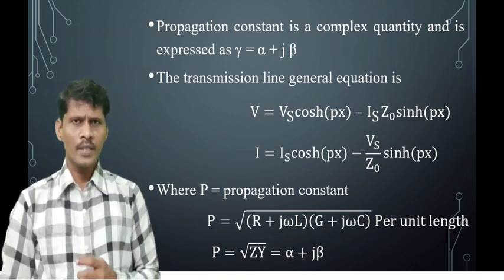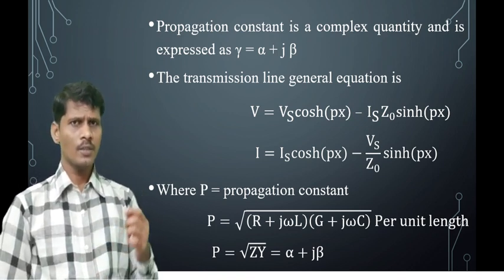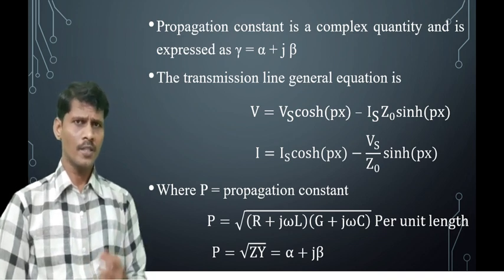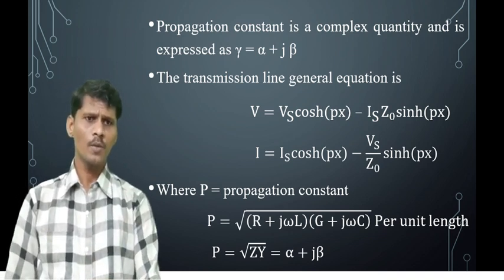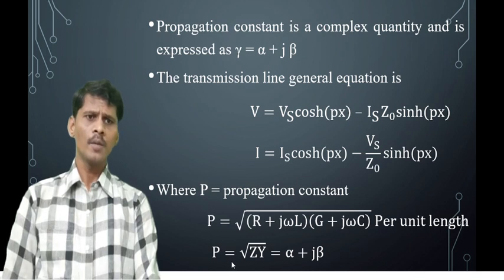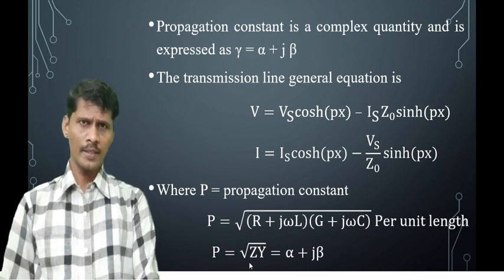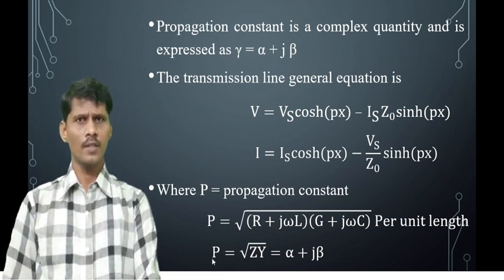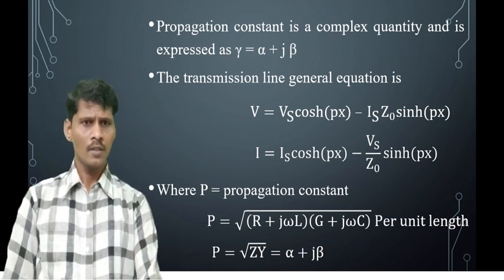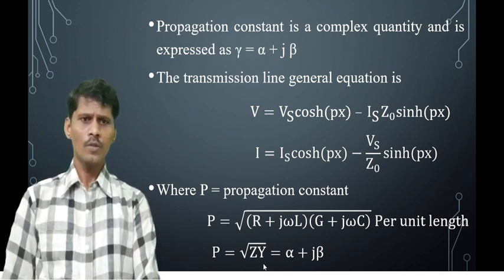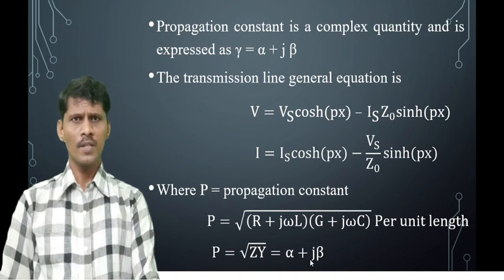R plus j omega L is the series impedance Z and G plus j omega C is the shunt admittance Y. So the above equation may also be written as P is equal to square root of ZY, where P is the propagation constant, that is alpha plus j beta.